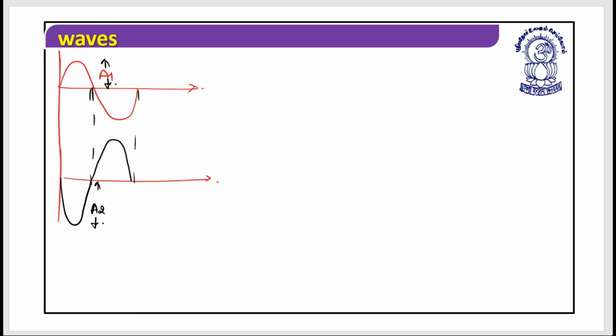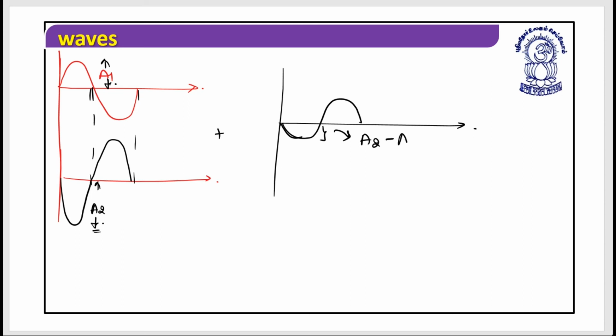As you can see, this A2 is bigger than A1. So when I superpose this, what I get is something like this, and this amplitude is A2 minus A1. As this is dominating, it starts with the negative. If the other was dominating, it starts with the positive.